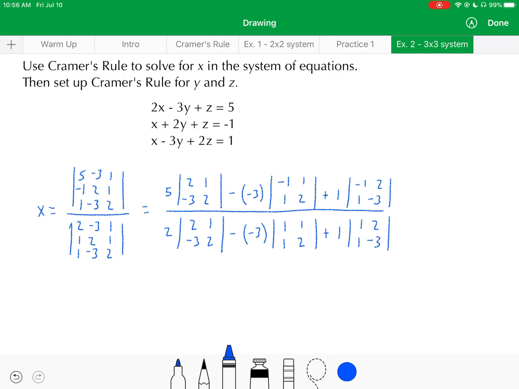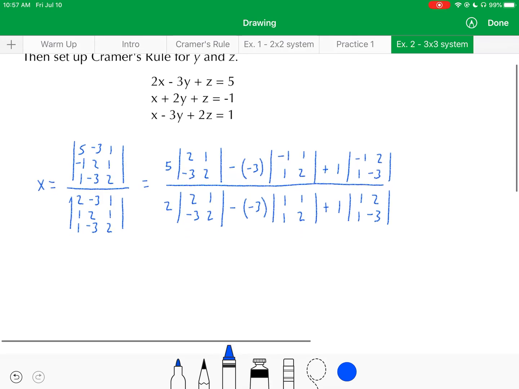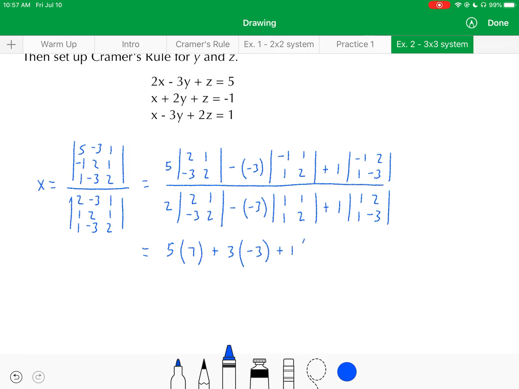Okay, so notice I now have several second order determinants that I need to evaluate. This is going to become 5 times 7 plus 3 times -3 plus 1 times 1 all over 2 times 7 plus 3 times 1 plus 1 times -5. Okay.